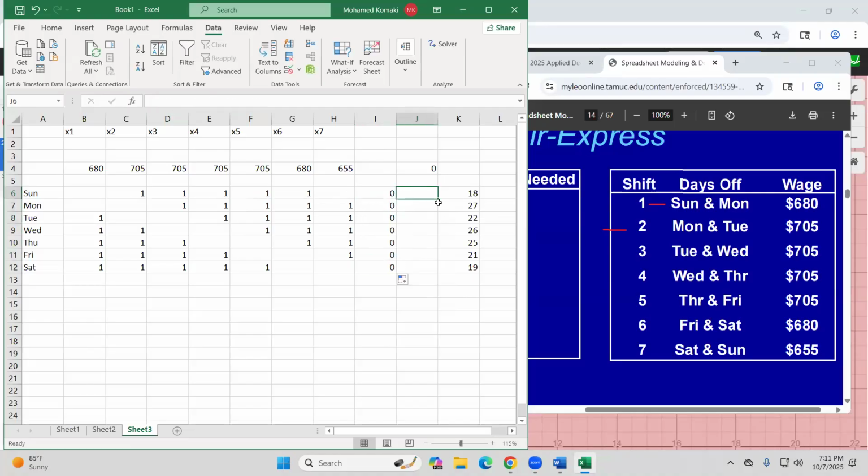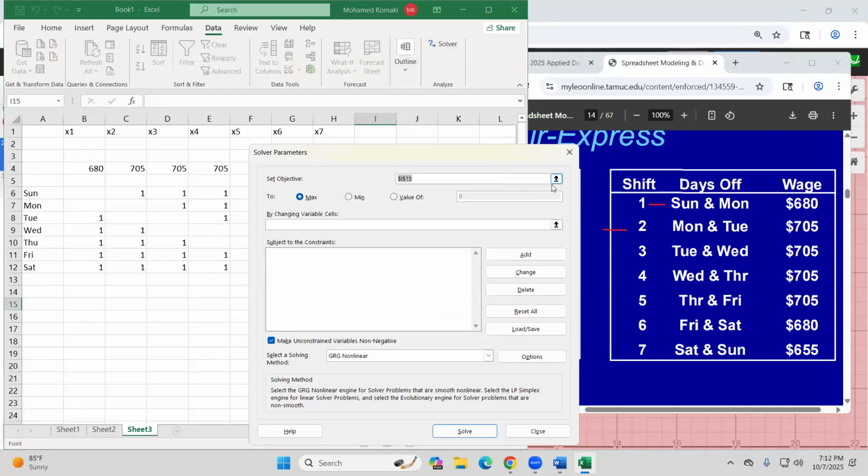You can put equal, but greater or equal, because when you put equal, sometimes it might end up with the infeasible solution. So because the objective function is in the form of minimization, you can change equal to this one. Now let's solve this.